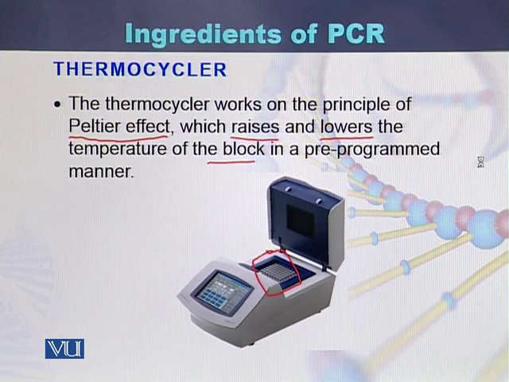In a PCR machine or thermocycler, there is a pre-program that has been entered into the machine, and once the program is entered, we keep the tubes into the block, and the thermocycler increases and decreases the temperature as we have entered into the machine.